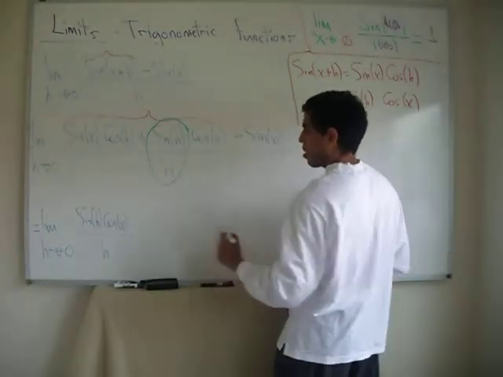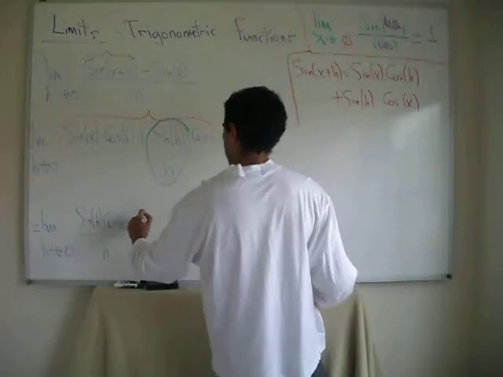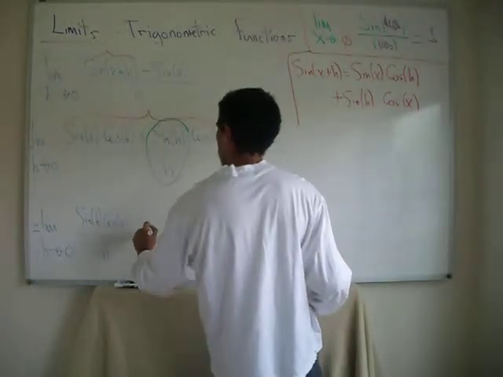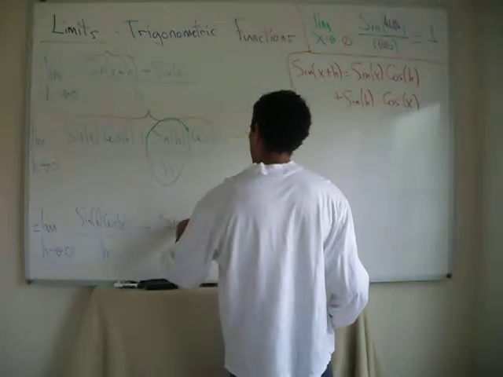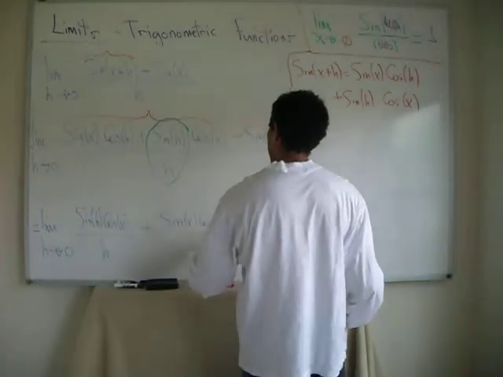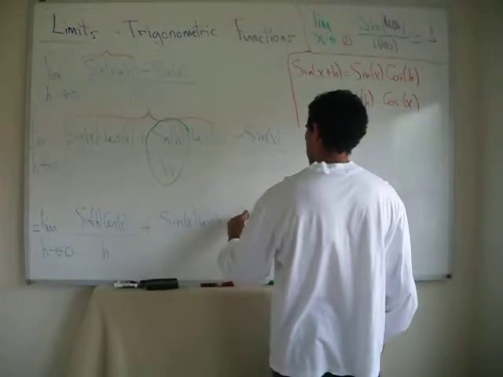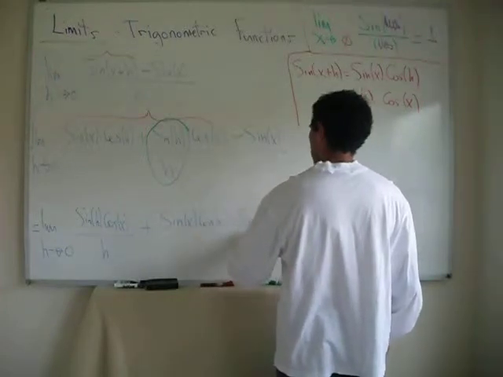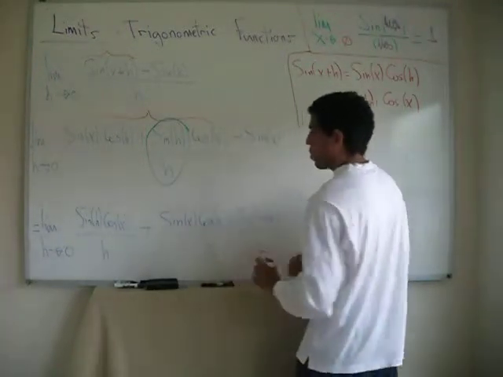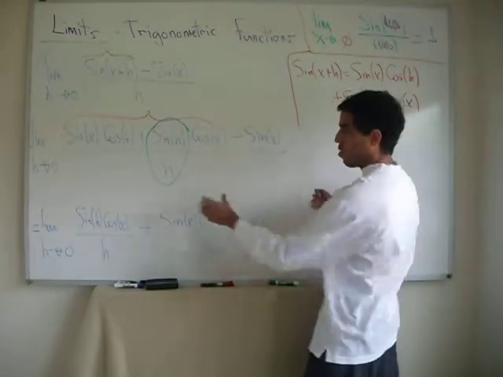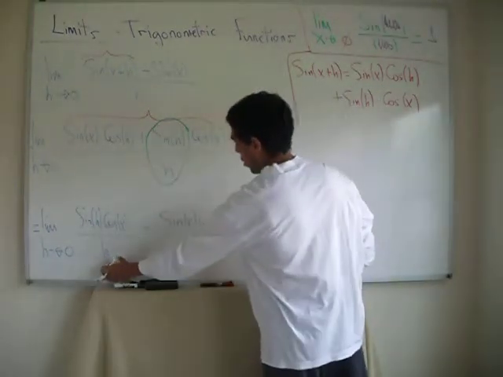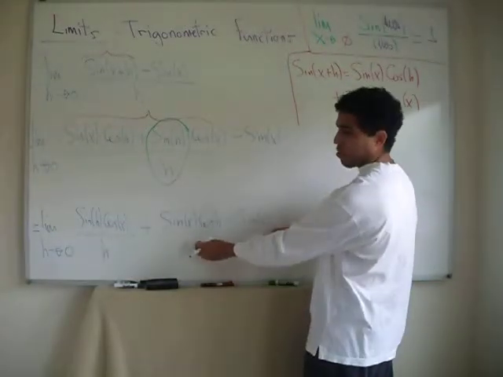Plus sin of x cos of h minus sin of x over h. Again, all I did was break the previous expression into two pieces. One that has the notable limit, which I know, and one that doesn't, which is right here.